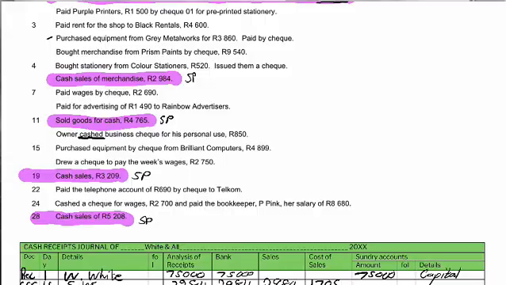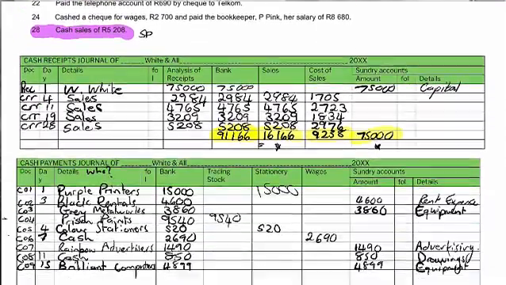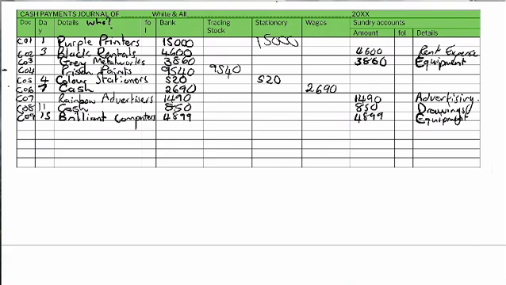Again, on the 15th, we drew a check to pay the wages, 2,750 bucks. Check number 10. What is our detail? Cash, okay? Our amount should be 2,000. Okay, and we have a wages column, so 2,750 rand.